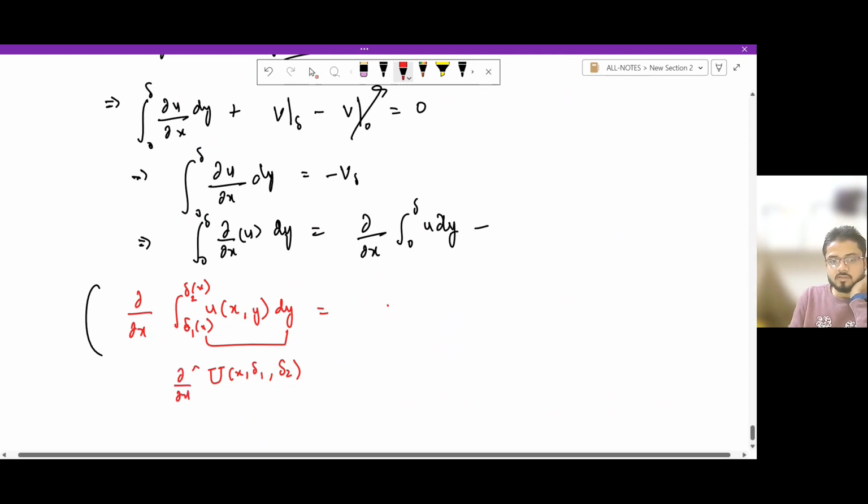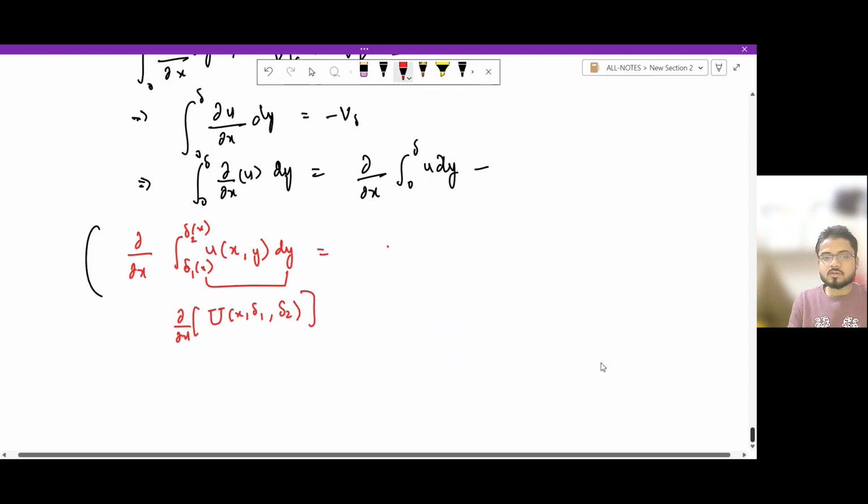And you have del over del x right here. Then you always know that this original function is just substituting delta 1 and delta 2 instead of the y terms that you get after integration.